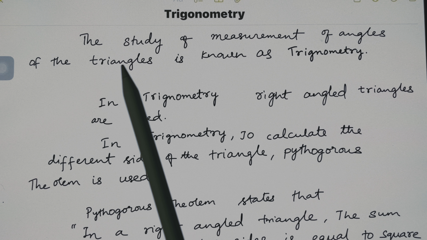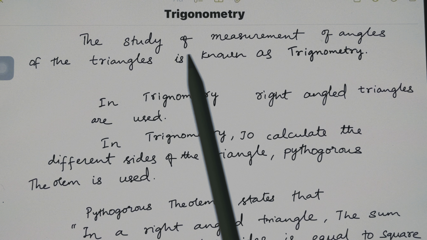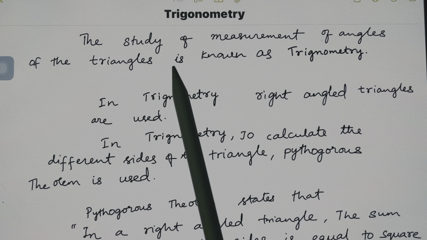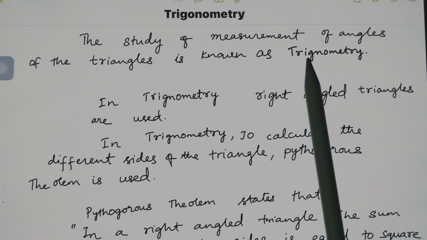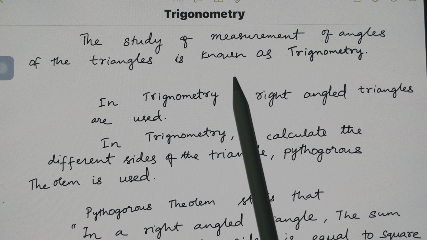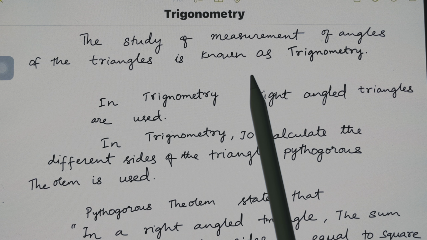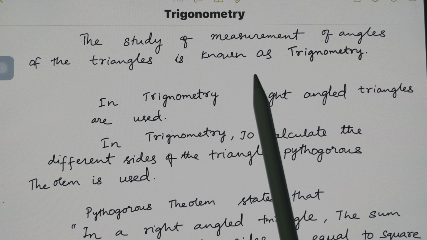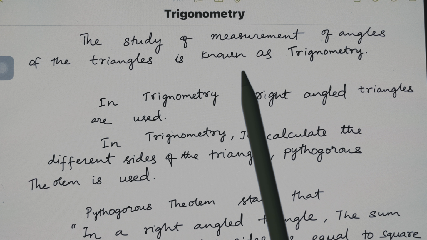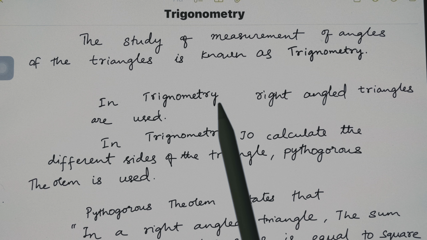Trigonometry, the study of measurement of angles of triangles, is known as trigonometry. So if you have a triangle, and you are going to find out the angles in that triangle with a particular method, then it is termed trigonometry.